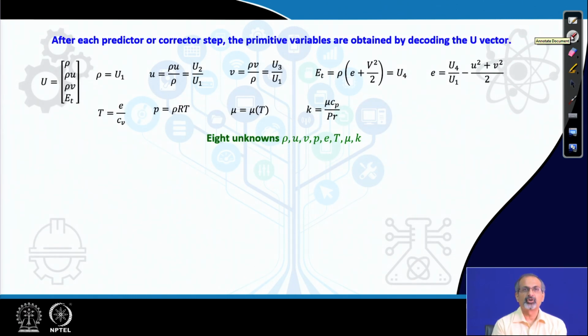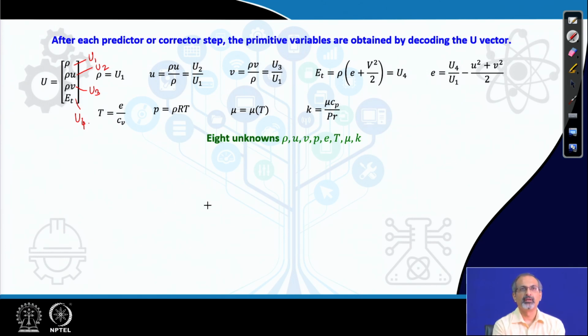After each predictor or corrector step, the primitive variables are obtained by decoding the u vector. We have seen earlier, even in the context of Euler equations, that we define different components of the conserved variables vector as u1, u2, u3, u4. In the 1D Euler equation there were only 3 components; here there is an additional component.